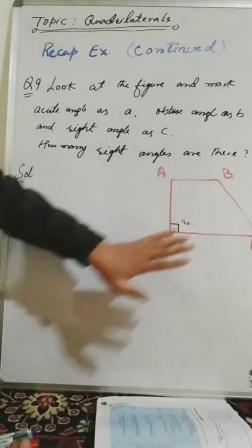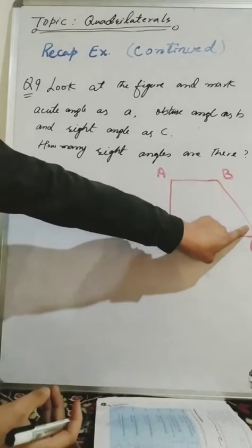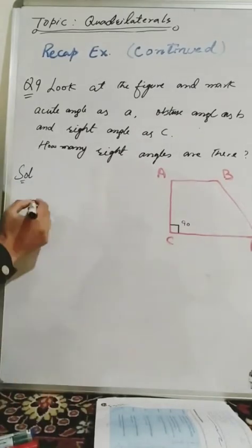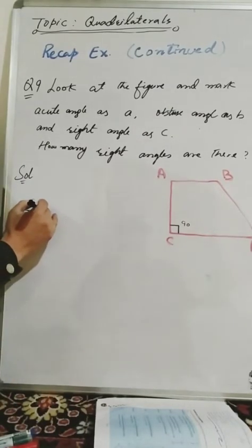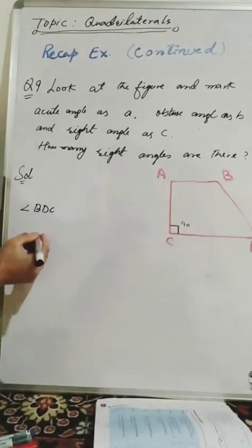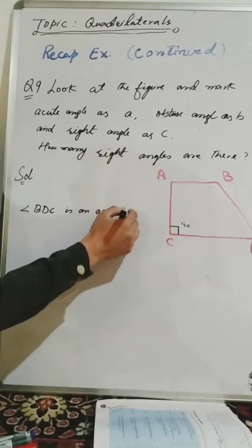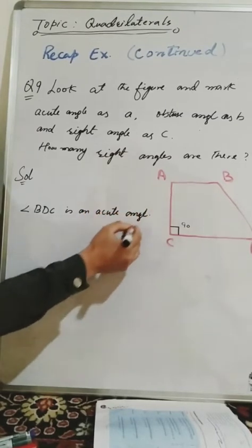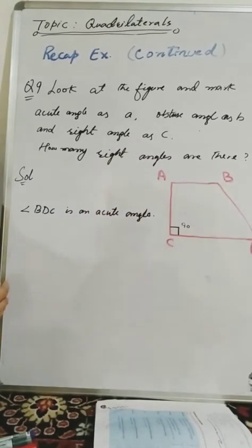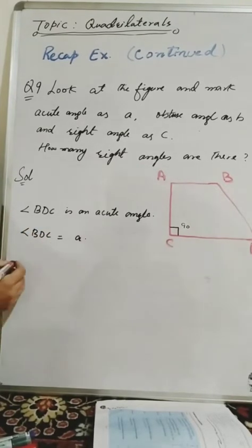An acute angle is the angle whose measure is greater than 0 degree and less than 90. Clearly this is an acute angle. Here we can see that angle BDC is an acute angle. So we can represent angle BDC equal to A.